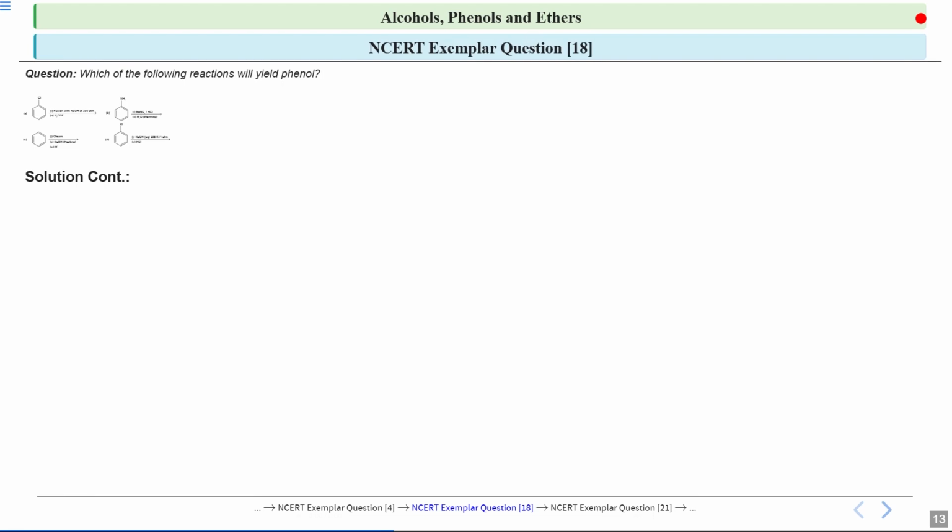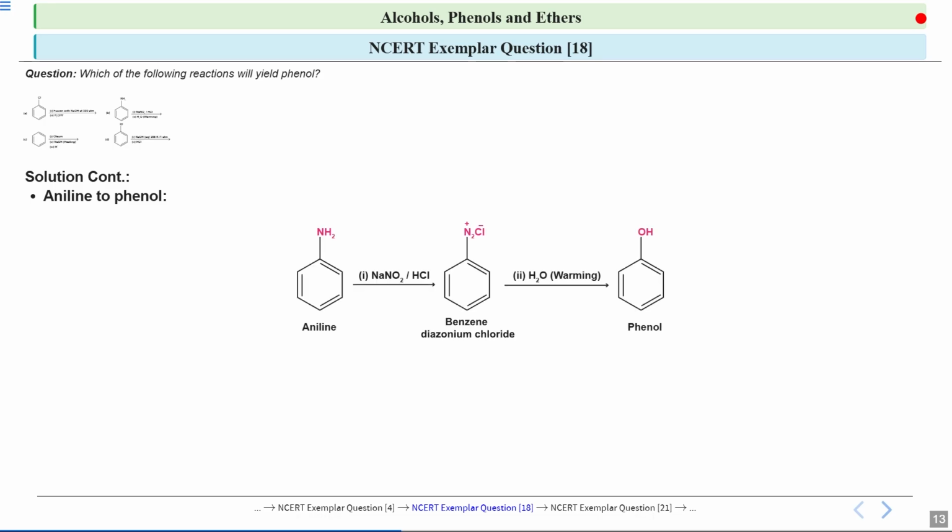Now let us look at option B. It is aniline to phenol. You are converting aniline to phenol. If you look over here, this is aniline, a primary aromatic amine. When you treat it with NaNO2 in the presence of HCl, you get benzene diazonium chloride.